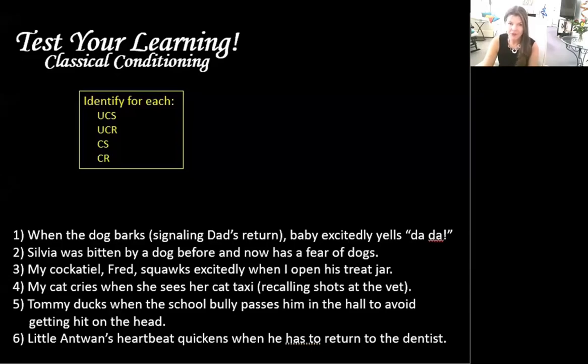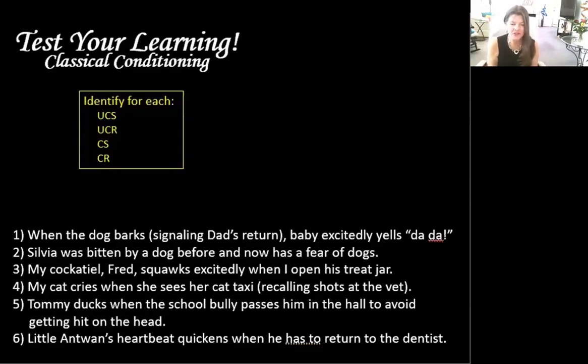Number 3 is food, squawks to food, treat jar, squawks to the jar. I'm just saying to the food and to the jar with the unconditioned response and conditioned response, so that you can prove you know which one they're squawking to at that particular time, the food or the jar.